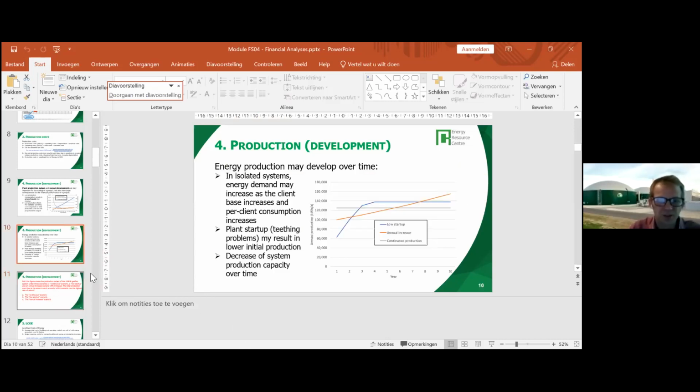We have another look at the graphs. Close the poll.